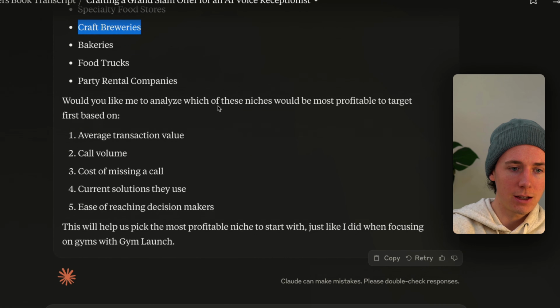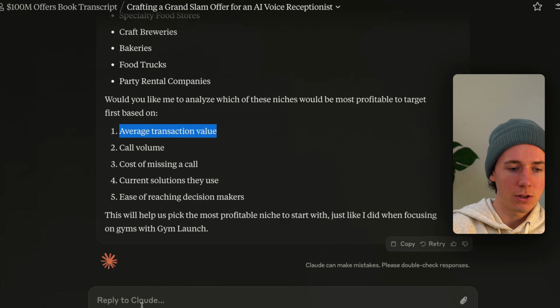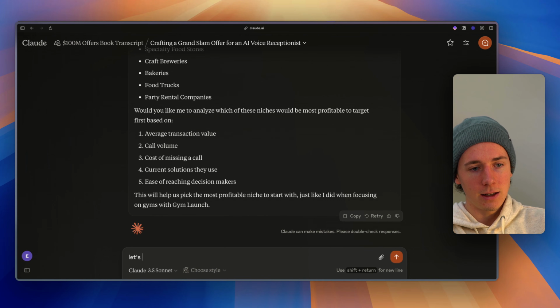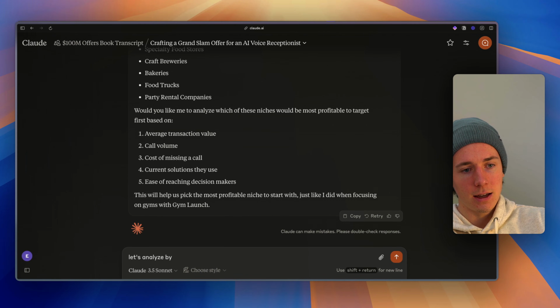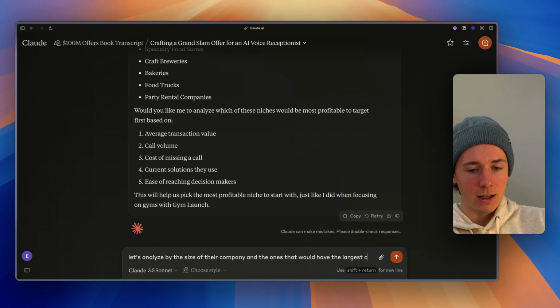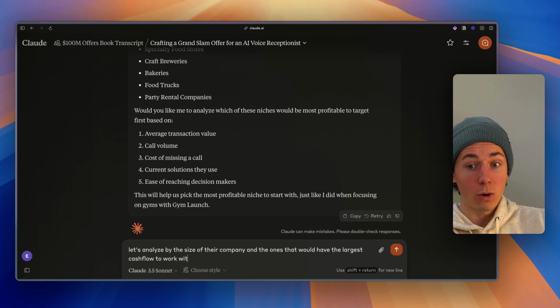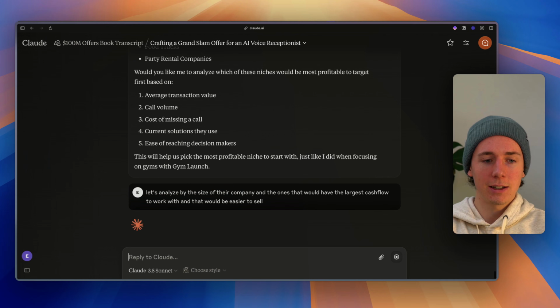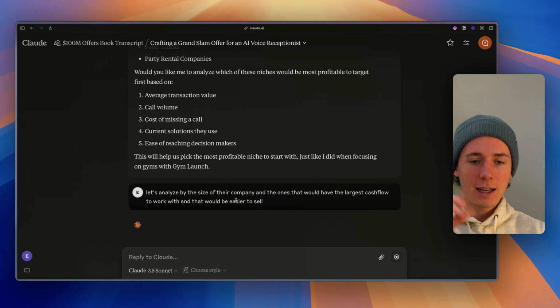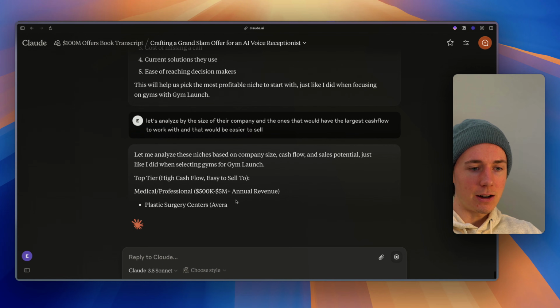So we're trying to think of those types of ones. So let's analyze by the size of their company and the ones that would have the largest cash flow to work with, and that would be easier to sell. So this is the last parameter that we're going to go with. We're going to start refining this down a little bit.